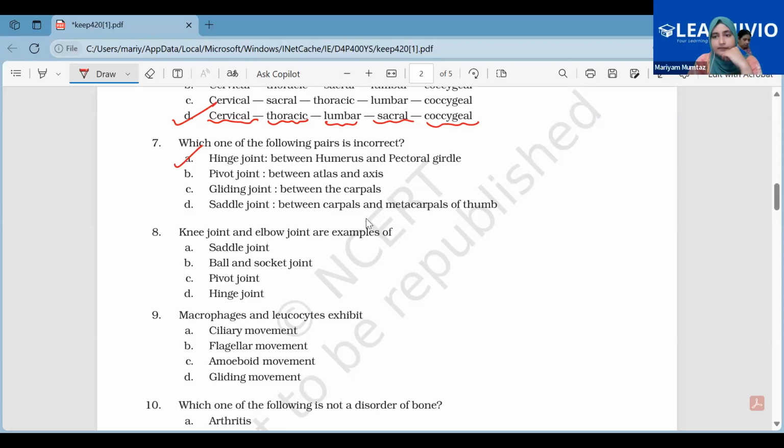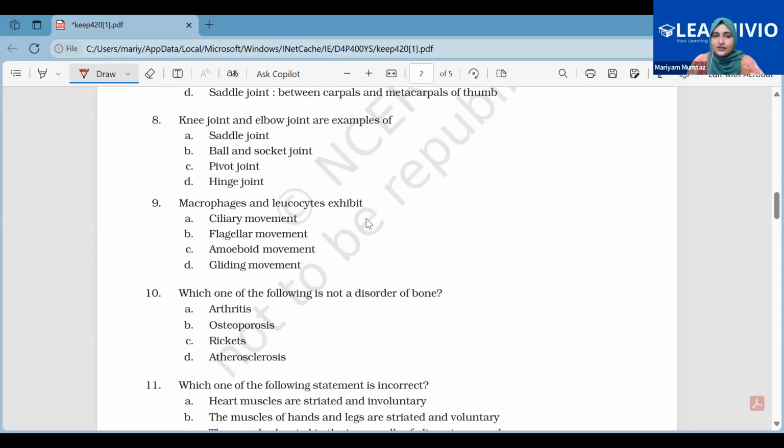Is it gliding? No, not gliding. The one that would allow motion in all ranges, circularly. Which one? Ball and socket. So ball and socket would be there. Same for the legs also.